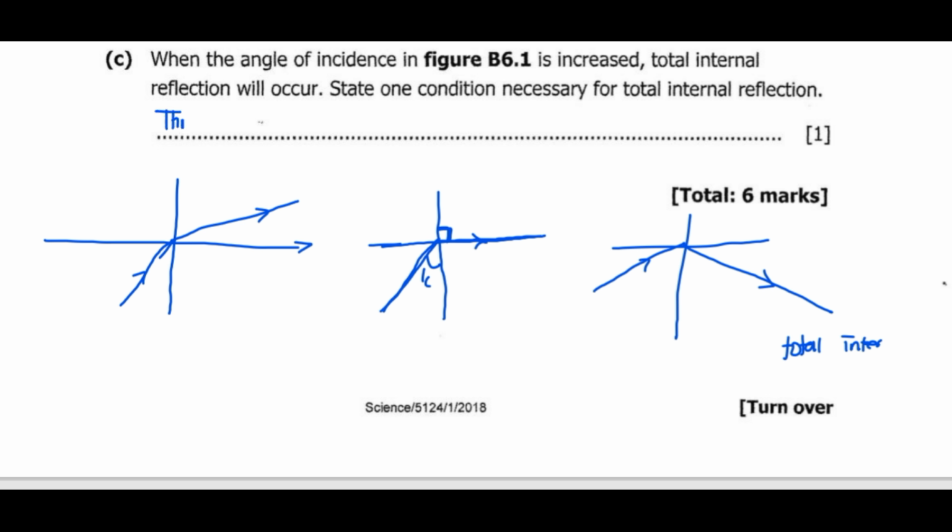So whenever the angle of incidence exceeds or goes beyond the critical angle, then we are going to have total internal reflection. So that's the condition here.